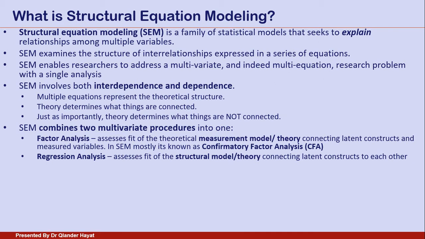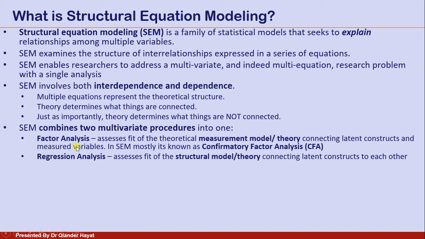The other thing SEM can do is regression analysis, and in SEM we assess the fit of the model. In the development of regression analysis models, the models are known as the structural model, or structural theory. They connect only latent variables to each other. So SEM combines these two multivariate procedures.